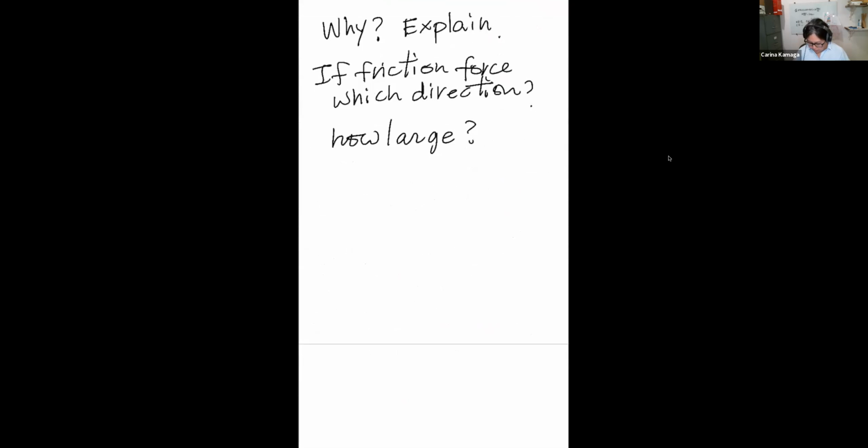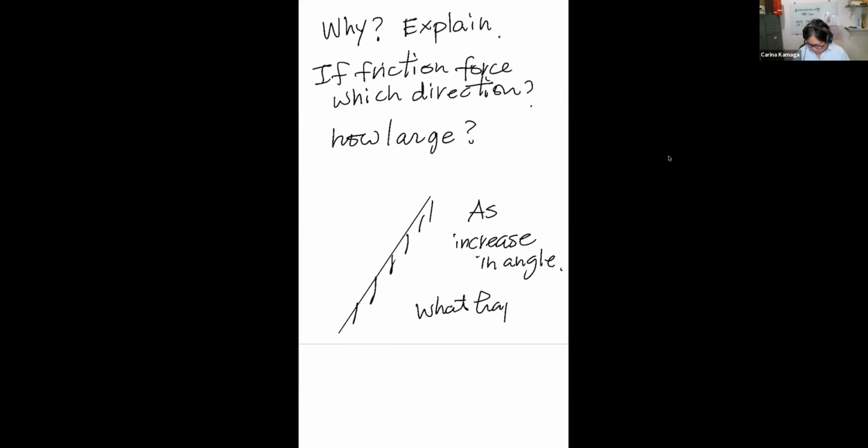And what happened? So here, as the angle increases, what happens to the friction force?